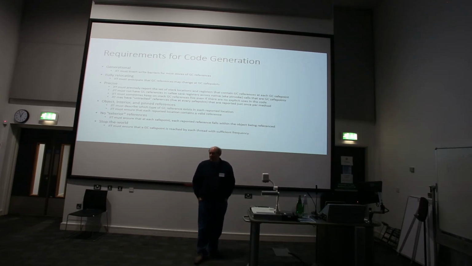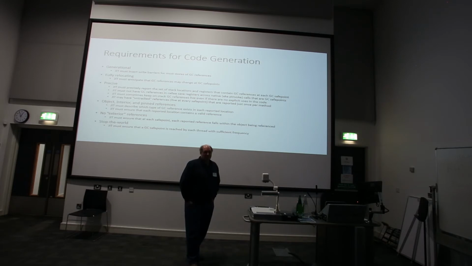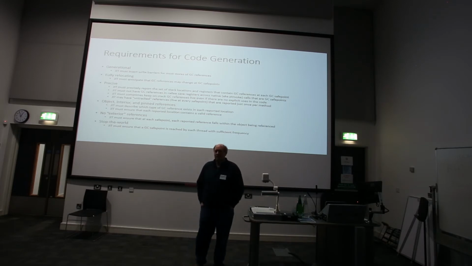If we over-report or under-report, either way can lead to heap corruption, can lead to bugs. We have to be very careful sometimes about where GC references are, especially if we're calling into code that's not itself GC aware, which is actually pretty common. We might be forced to spill all our GC references into safe locations, so we don't have to figure out how to decipher where they might be further up the stack.